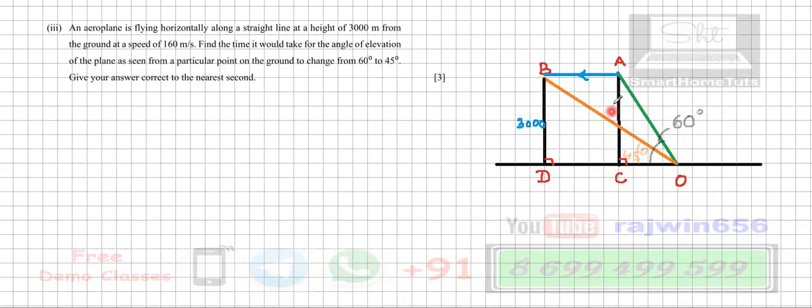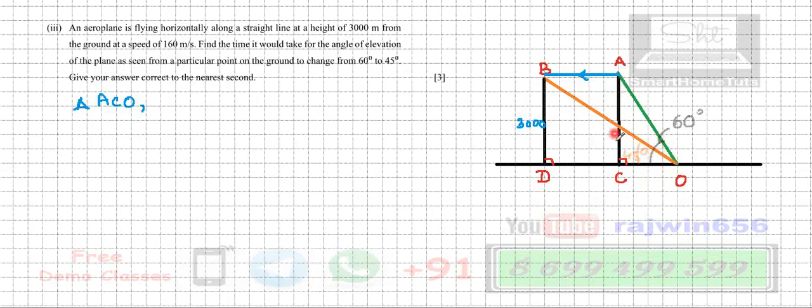So first I'm going to take triangle ACO. From this I'm going to get distance CO. This angle AOC is 60 degrees, that is the angle of elevation.